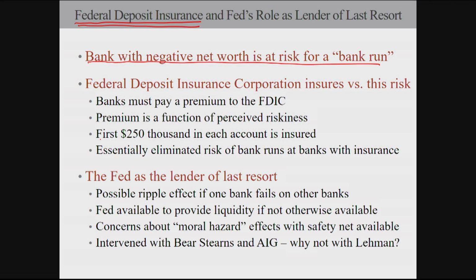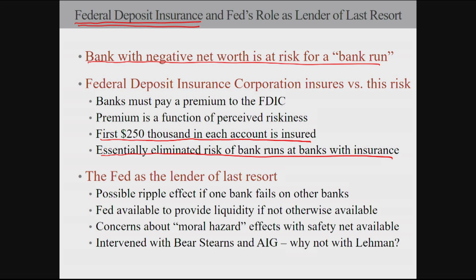But up to the first $250,000 in each account is insured by the FDIC. So if JP Morgan Chase tomorrow went bankrupt, to the extent that people had accounts with JP Morgan Chase, FDIC would come in and kick in this $250,000. And so this essentially eliminated the risk of bank runs at banks with insurance, at least for people with deposits of less than $250,000.